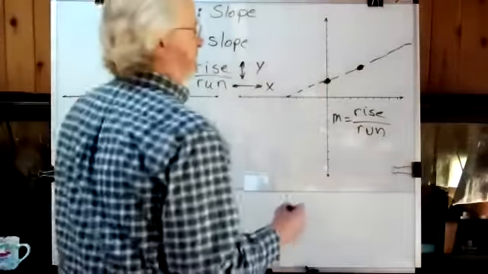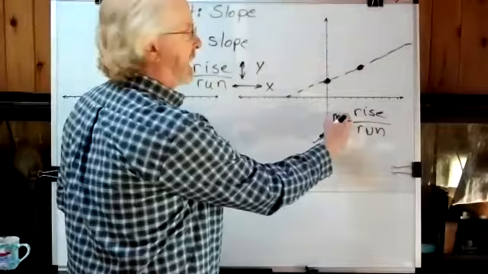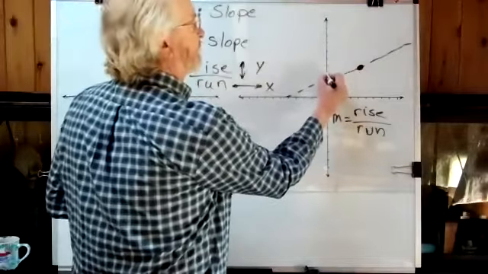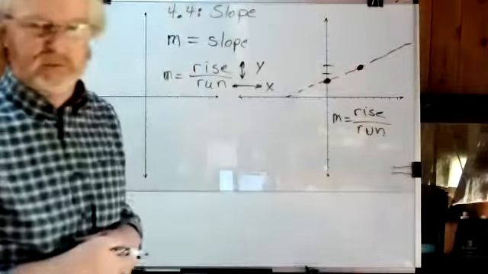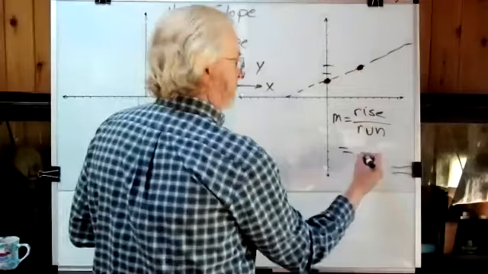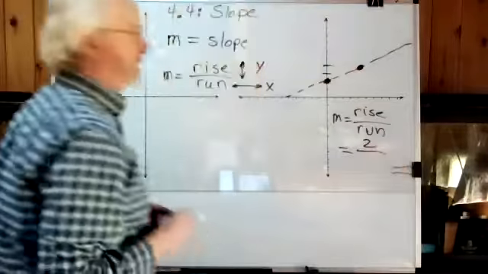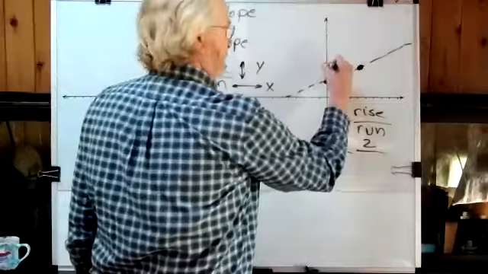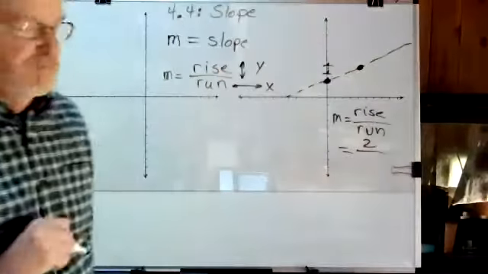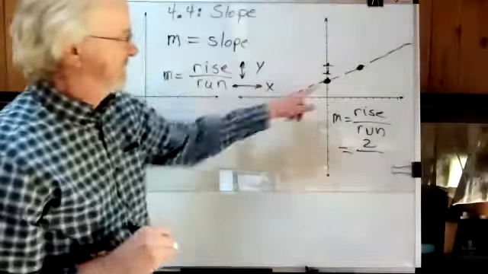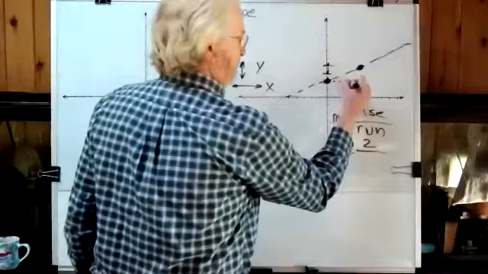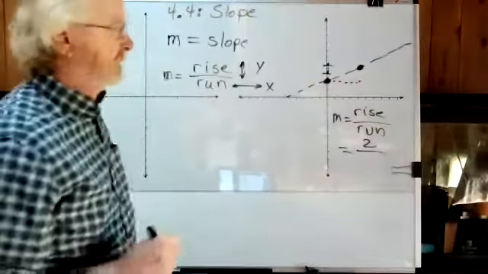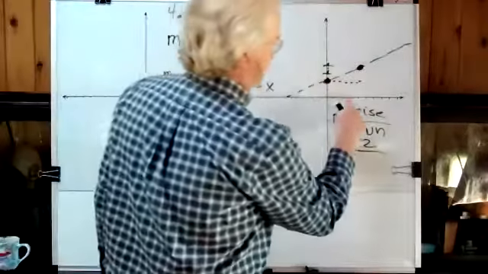So just counting squares. I'll start with the rise. From this point, I went 1, 2, up 2. I changed 2 units from here up to here. Then horizontally, from here over to there, I went 1, 2, 3, 4.